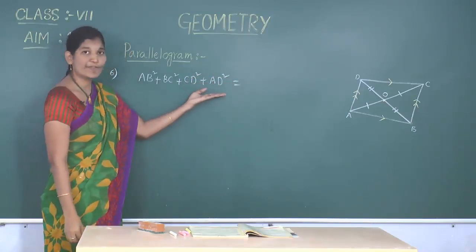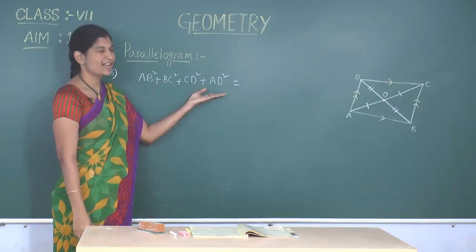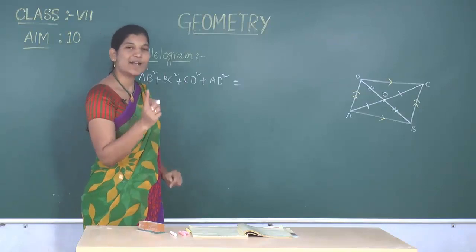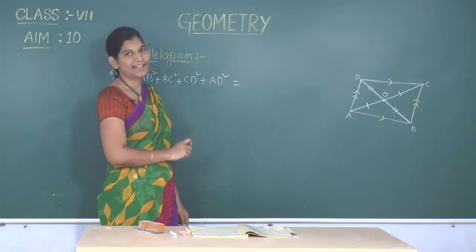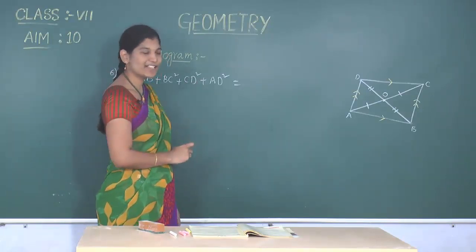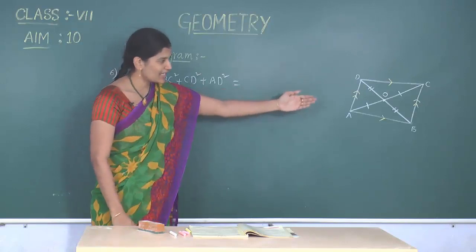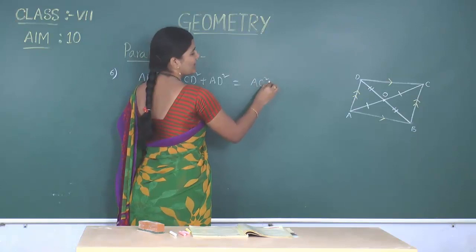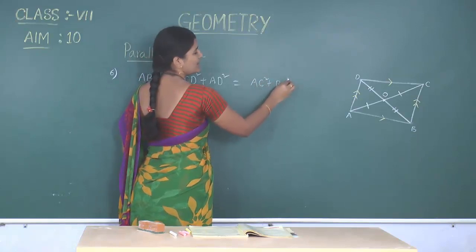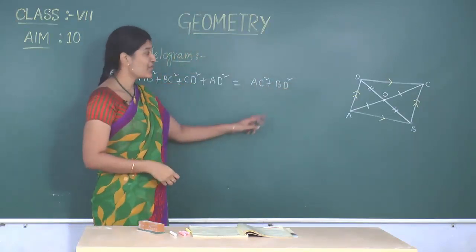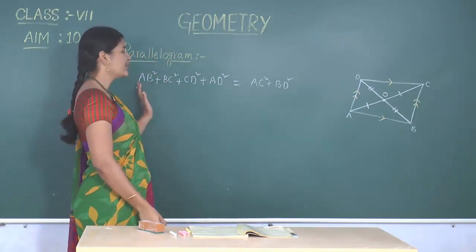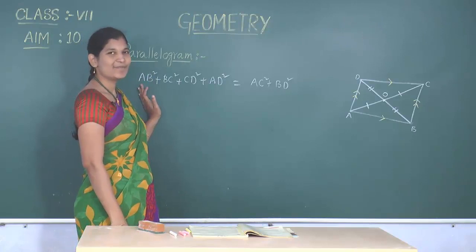All these four are sides. Sum of the squares of the sides is equal to the sum of the squares of the diagonals. What are the diagonals in the figure? Yes, AC and BD are the diagonals. Now let me write AC square plus BD square. This means the sum of the squares of the diagonals. So, a very important property in a parallelogram.